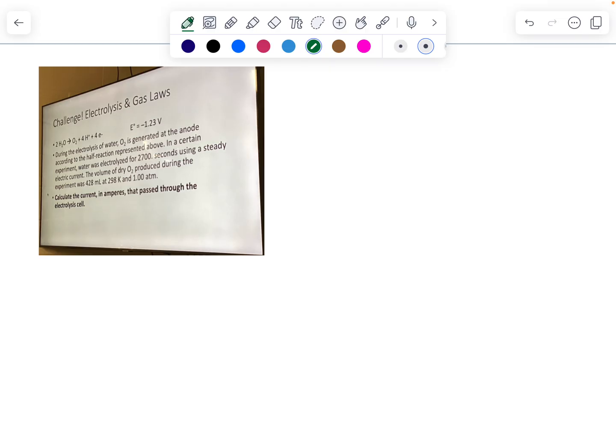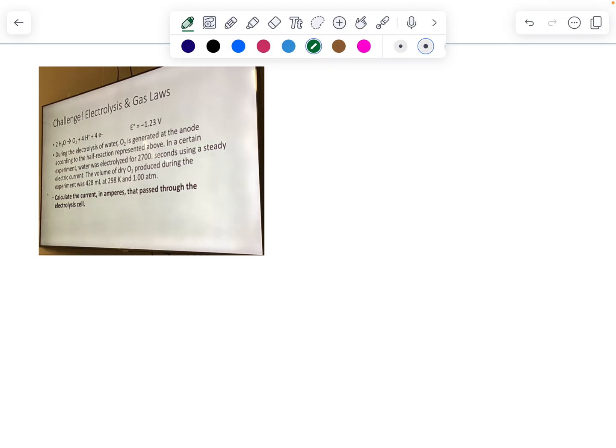Well, they already gave us milliliters, atm, and 298 Kelvin, so can we use PV = nRT to figure out moles? Yes. And then from moles, we can calculate Q. We're going to have to do dimensional analysis, but I think once you find moles, you can start figuring it out.